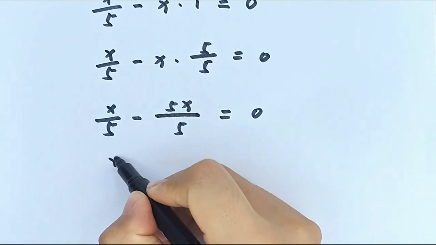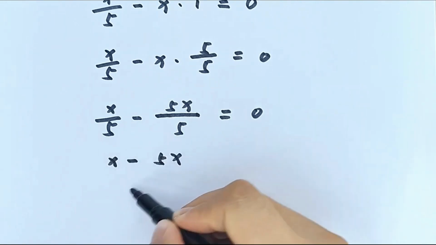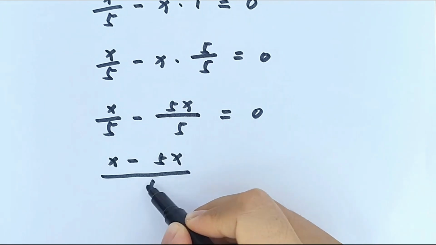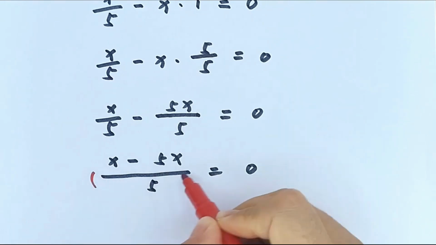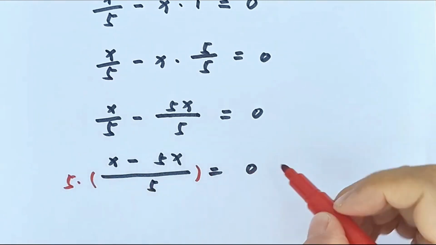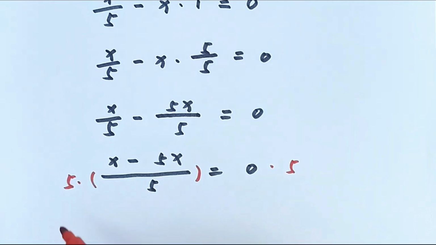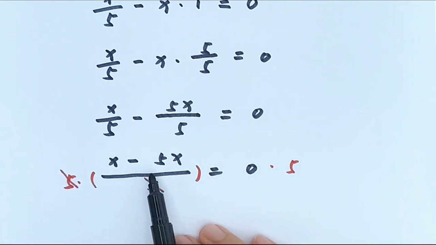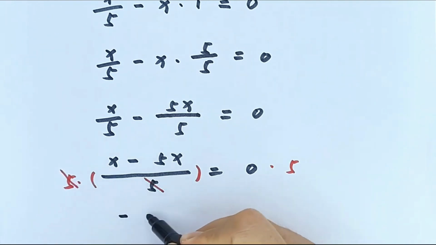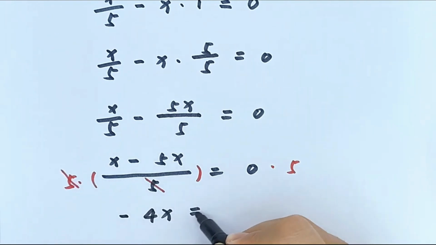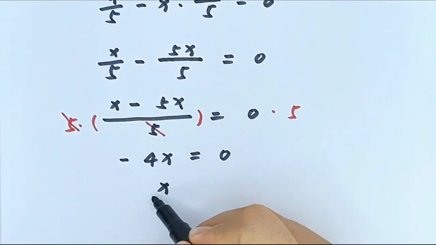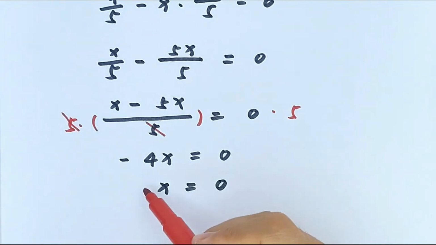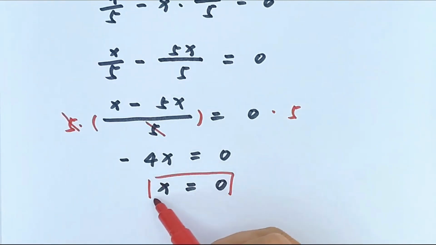It will be (x minus 5x) divided by 5 equals 0. Then we multiply by 5 on both sides, and this will cancel with this. So x minus 5x equals negative 4x equals 0 times 5 is 0. So x equals 0. This is the final answer.